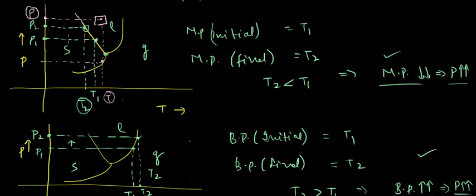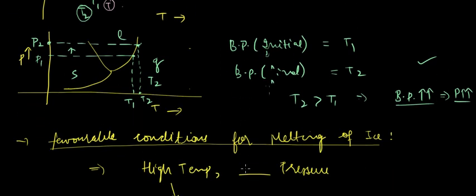If we have high pressure and high temperature conditions, then the water will exist in liquid phase, because all this area between this line and this curve belongs to the liquid phase of water. Hence, the meeting point of both the axes would be in liquid phase. So we need high temperature and high pressure.